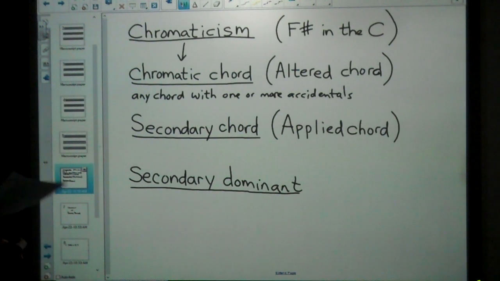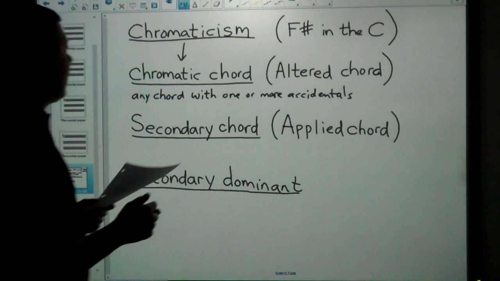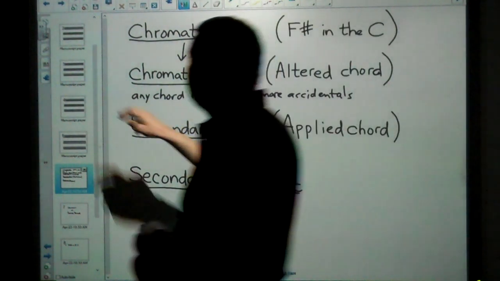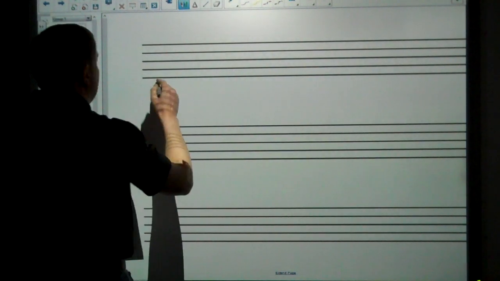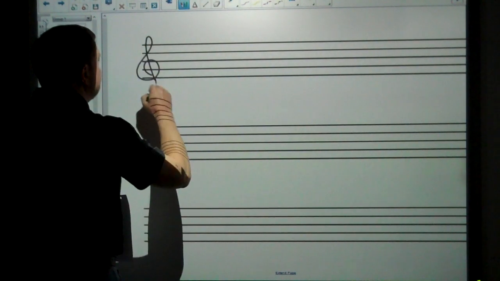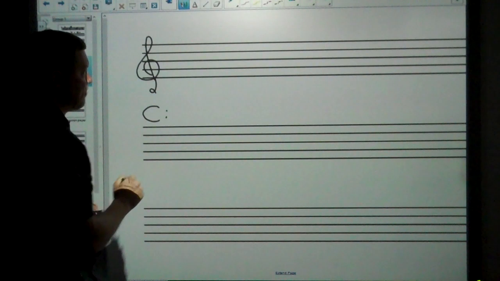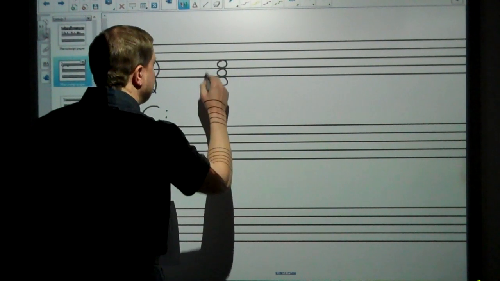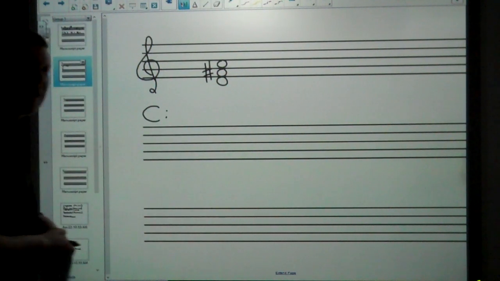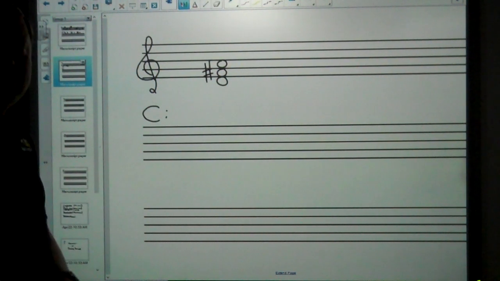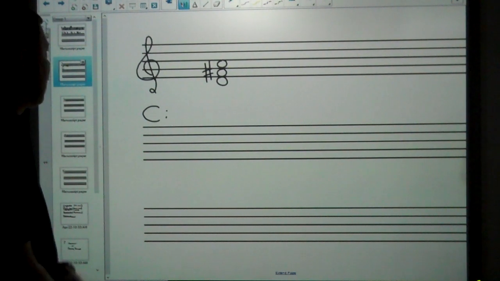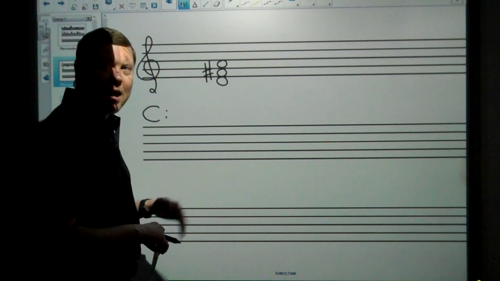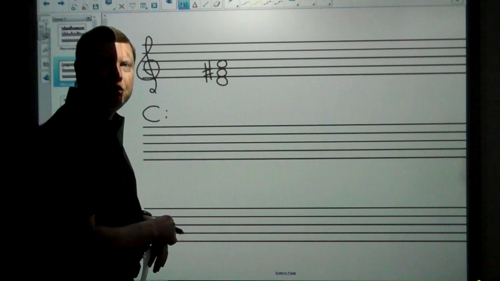Now, an example of a chromatic chord. I didn't leave a lot of space on the board here, but I could go to another screen where I do have more space. For instance, if I was in the key of C major and I encountered this chord, you can see that it is a D major triad, and one of the pitches in the D major triad is a chromatic pitch, namely the F sharp.